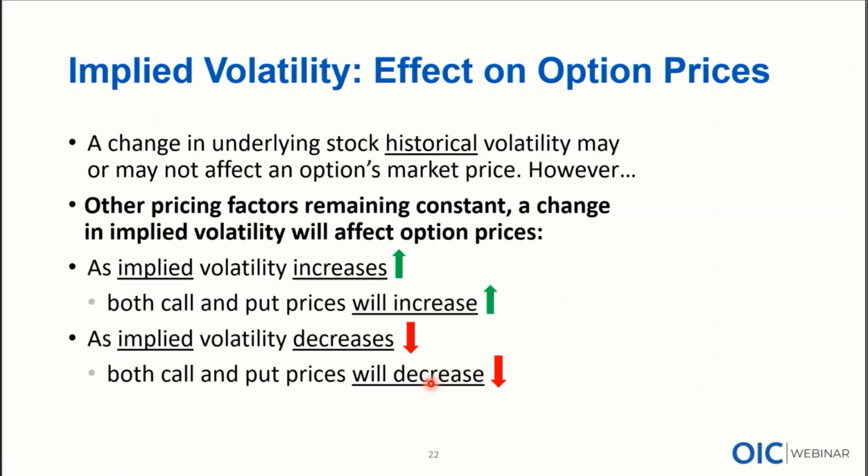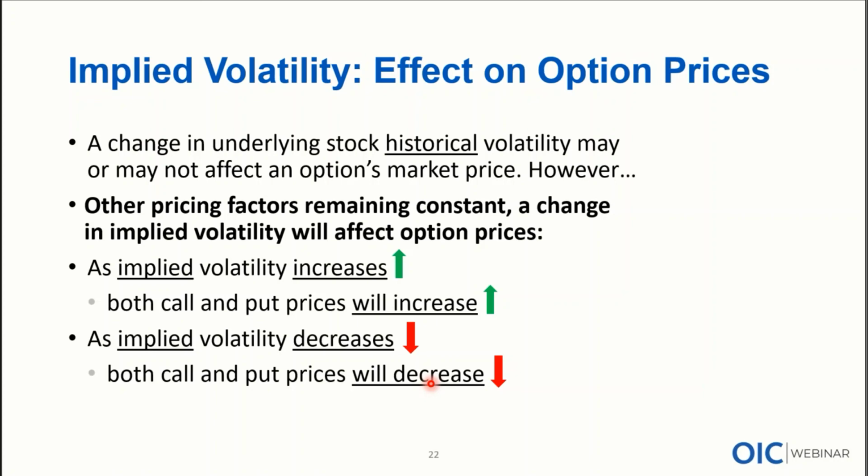Let's just say compare an option expiring in a day to one that expires in a year. If you moved implied volatility up by 1%, the options expiring in one day are really not going to be affected. The future values of the stock, just one day from now, are not going to be affected very much if you change implied volatility by 1%, say from 35% up to 36%.